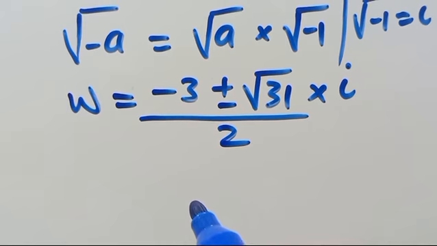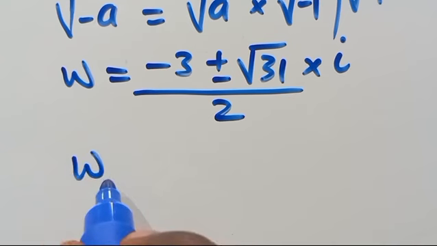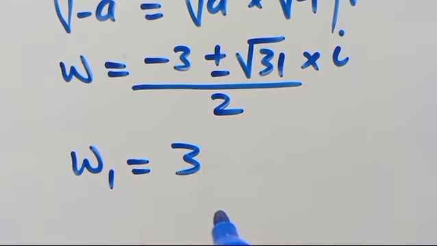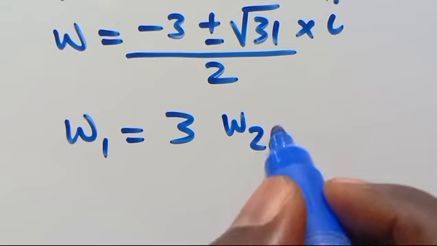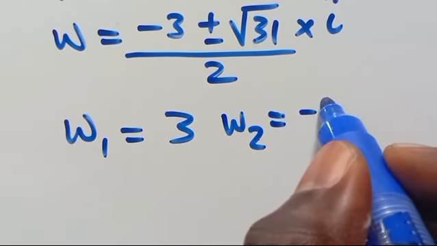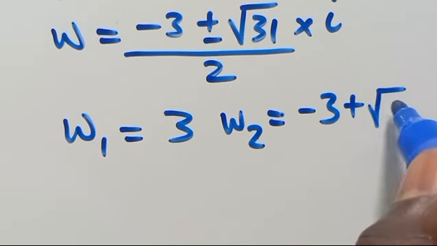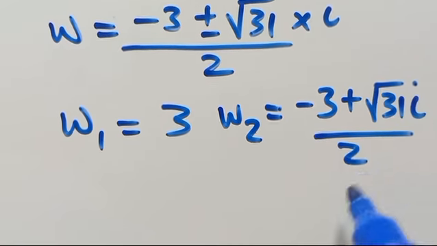So from here we can define all the values of W. W1 equals 3. W2 equals minus 3 plus root of 31i over 2.